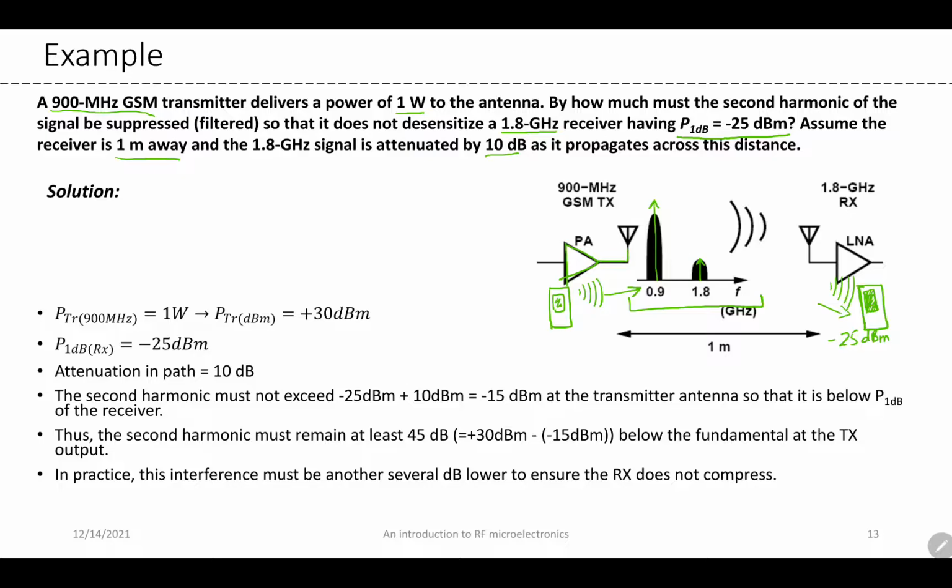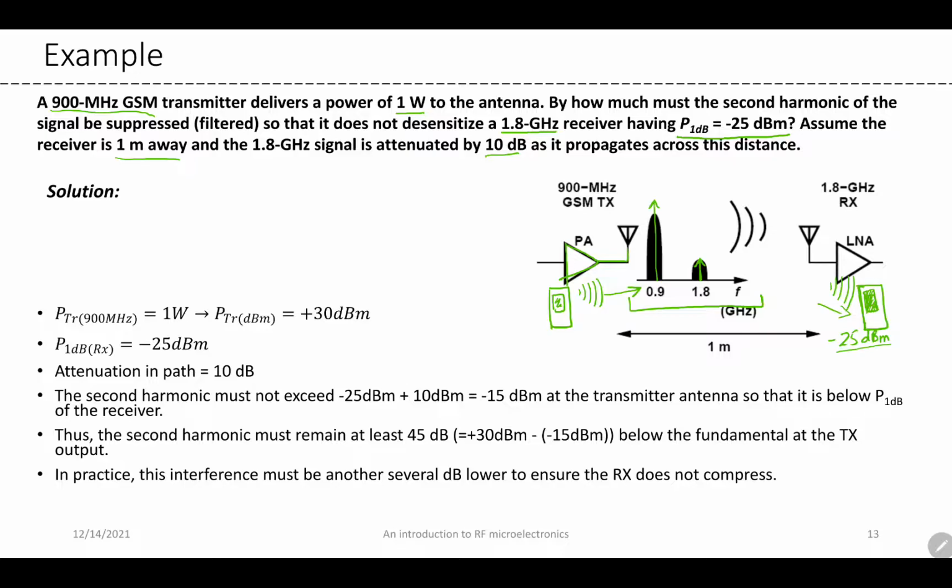We have to ensure that this 1.8 gigahertz signal is not higher than this limit. So we have to see how much we should attenuate this at the source so that it does not impact the performance of this receiver at 1.8 gigahertz.